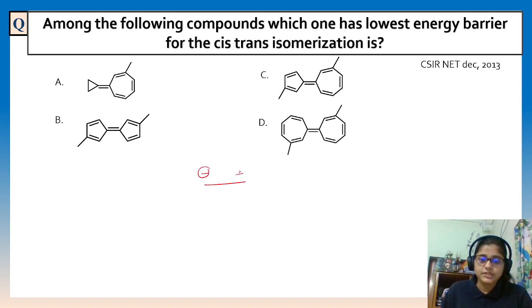Negative and positive, here negative and positive. Okay. So the whole system is aromatic. So this kind of charge separated form will be stable, and since it has a single bond, it can rotate and go to cis and trans, right? So C will be the answer.